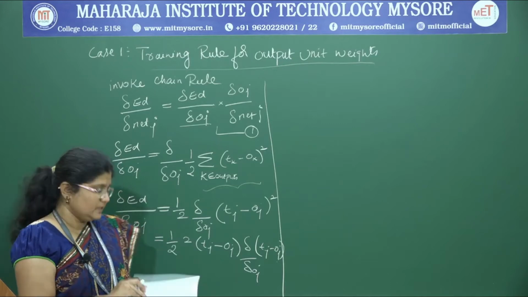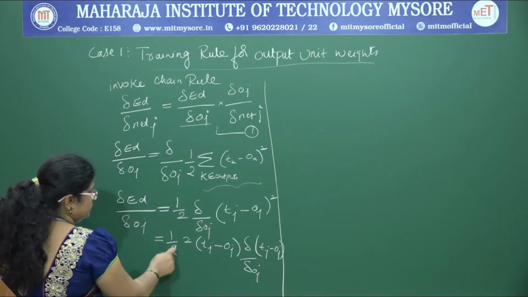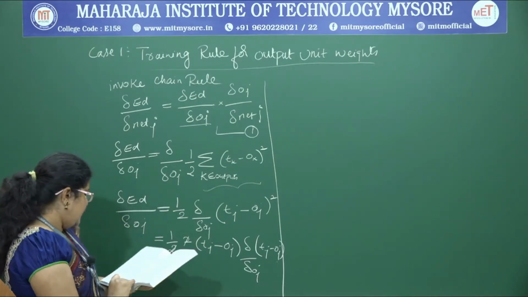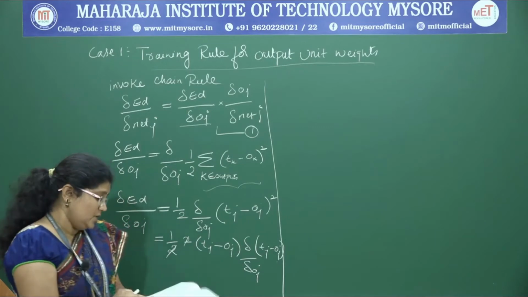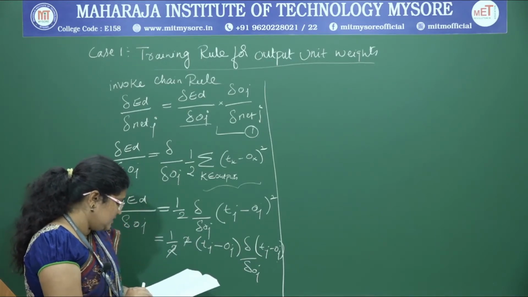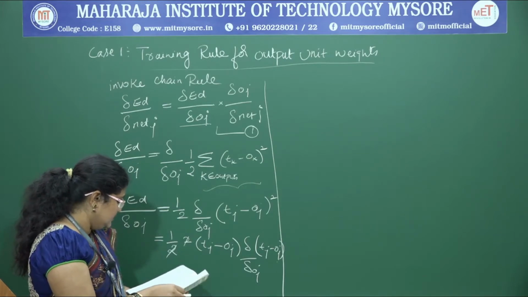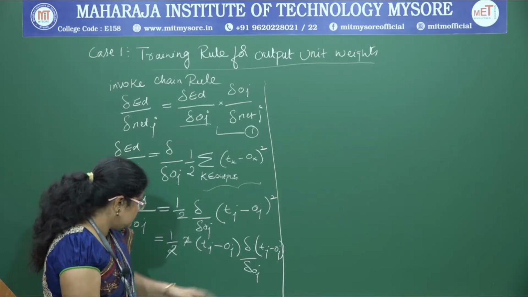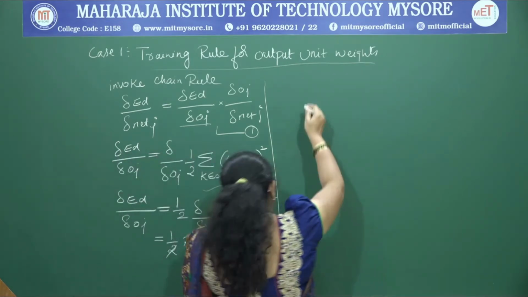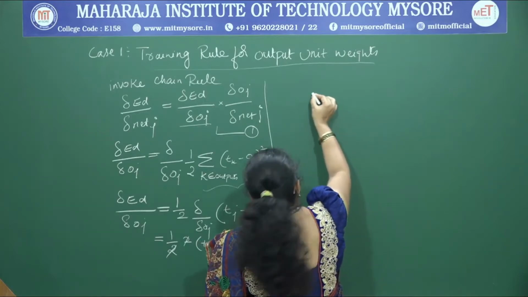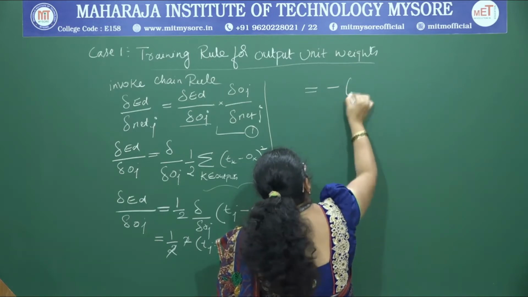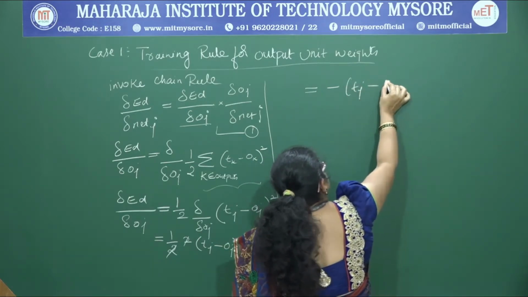The 2 and the half cancel. Next, applying differentiation once again to this, we get minus (tj minus Oj).